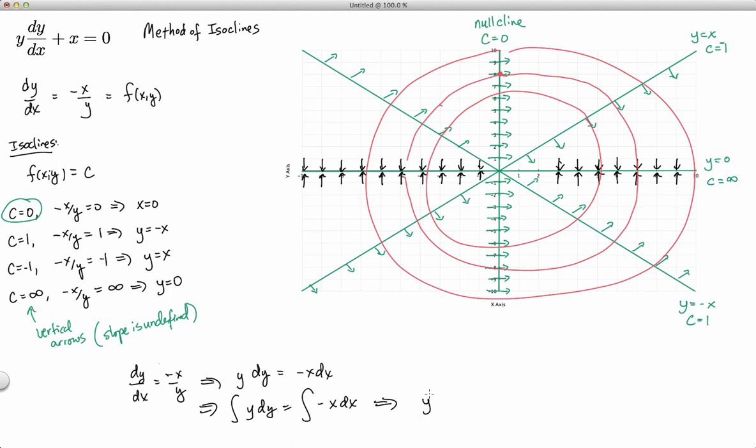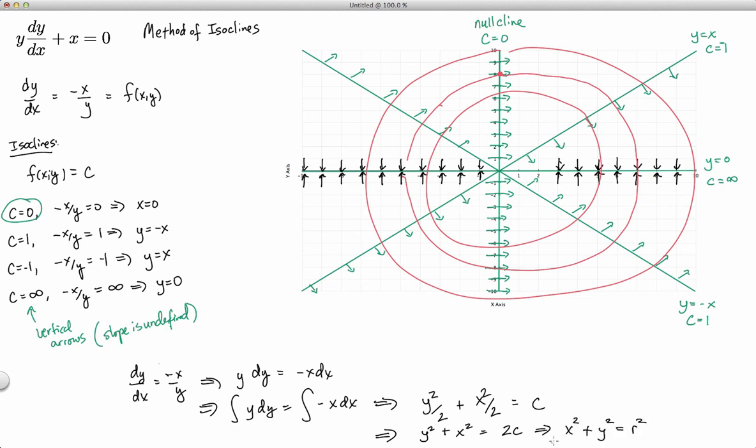And then after we do that, we get y squared over 2 plus x squared over 2 equals. Now, both of these are going to produce a constant of integration, which we'll call c. And notice if I multiply through by 2, I get y squared plus x squared equals 2c. But c is an arbitrary constant, so there is absolutely no reason why I can't rename it.